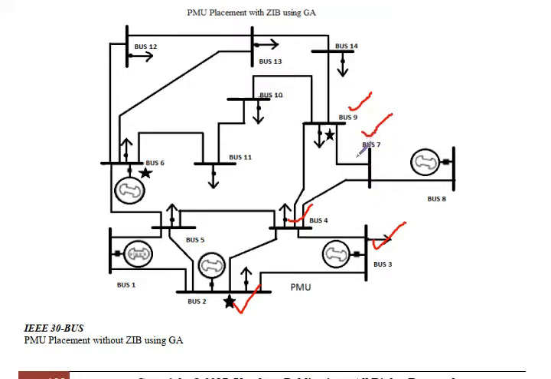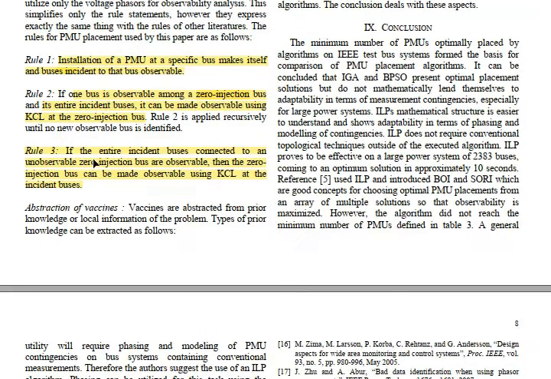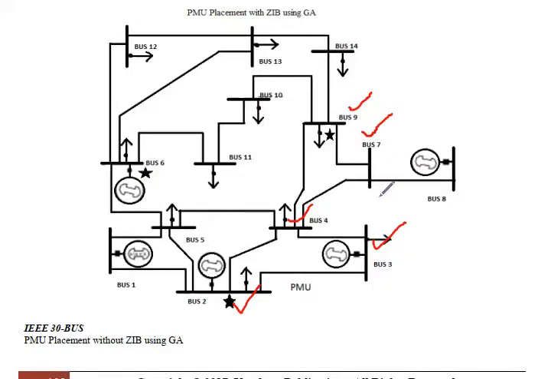If this is made observable, then this bus can also be made observable by applying KVL and KCL. So the third rule is: if all the buses incident to, connected to, a zero injection bus are observable, then this bus can also be made observable.